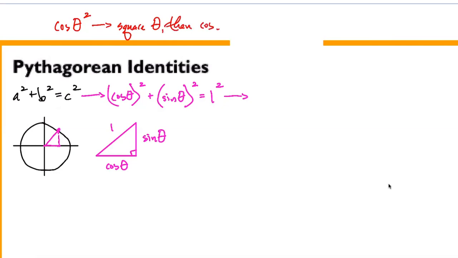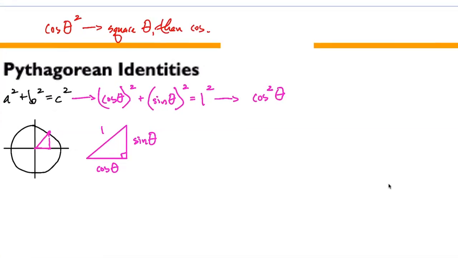But that's not what we mean. We want to take the cosine first and then we want to square it. So the way we write it is cosine squared theta. We put the 2 in between the cosine and the theta so that we don't get confused which one we're doing first. So the squared in between there means find the cosine and then square it.